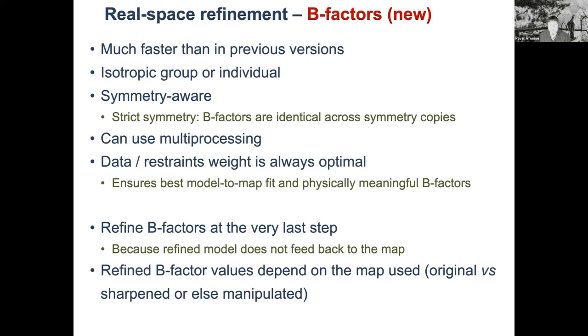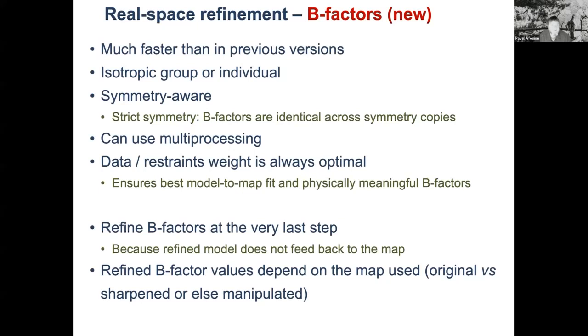We only had an option to refine group B factors, and that was mostly because in cryo-EM we used to use low resolution maps, and there's no individual B factor that can be refined against those maps. Now, with the high resolution maps, refining individual B factors is important. So now it's available in Phenix Real Space Refine.